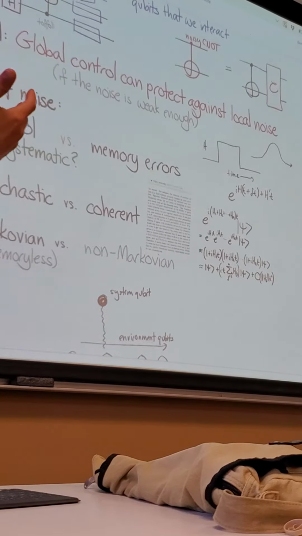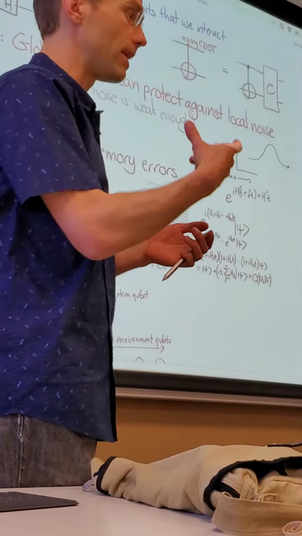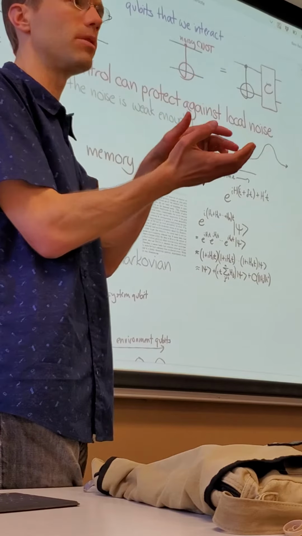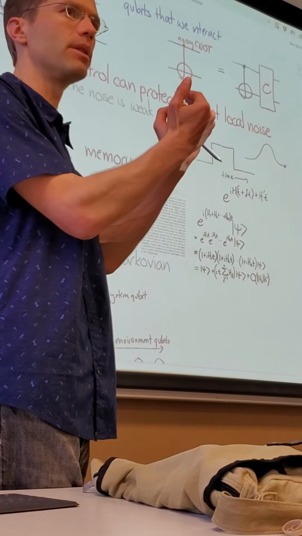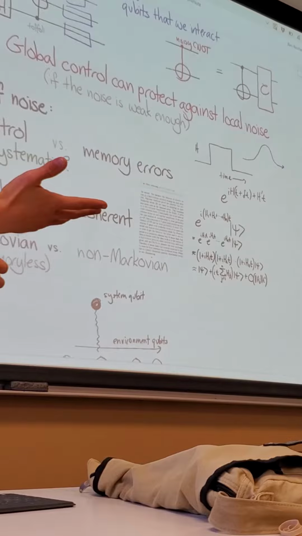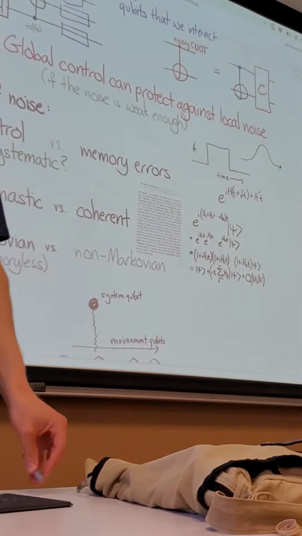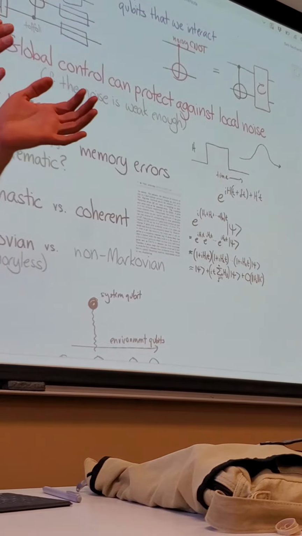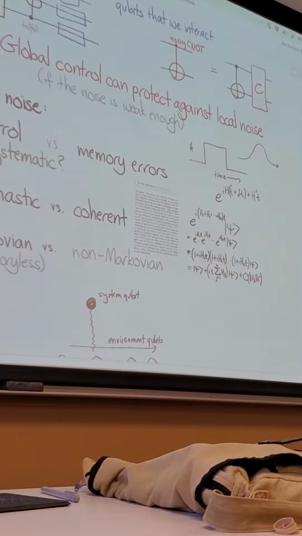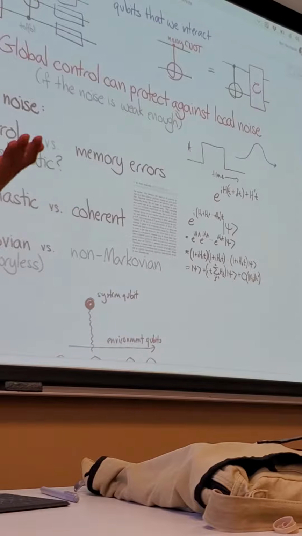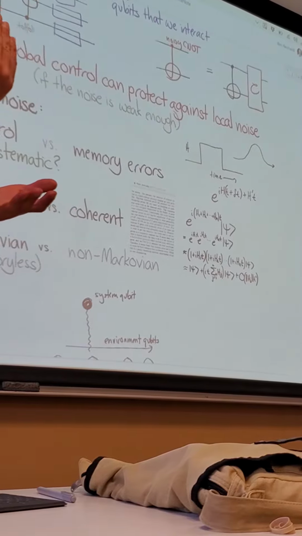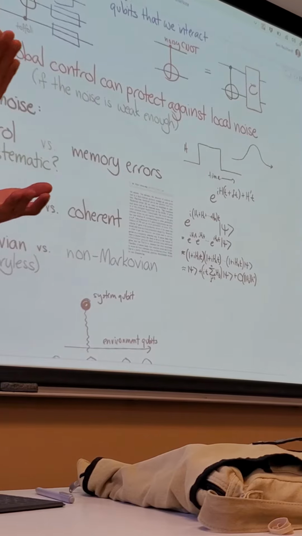There are other noise processes where you're supposed to have the identity channel, but in fact it's rotating very slowly. There's some magnetic field or something that's rotating the qubit slowly, and on a short time scale that would be a systematic noise, because if the magnetic field is constant, then it's always rotating at the same rate, and so you can hope to do something to cancel it out.